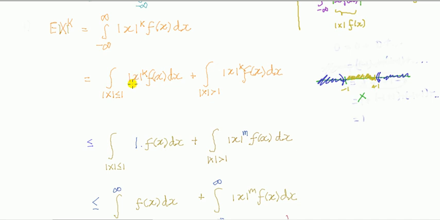You can see that. On the other hand, for x bigger than 1, if I take the power of it, it's going to increase. It's going to be bigger than x.